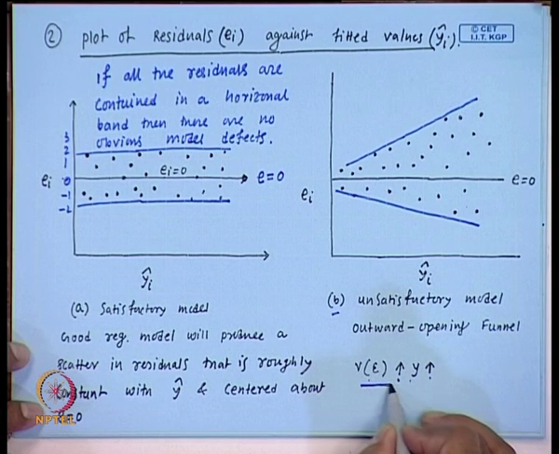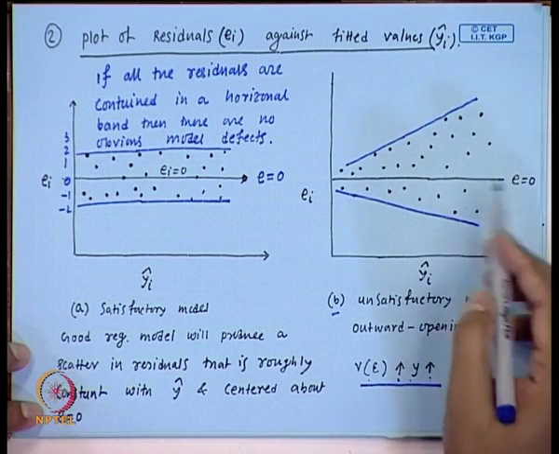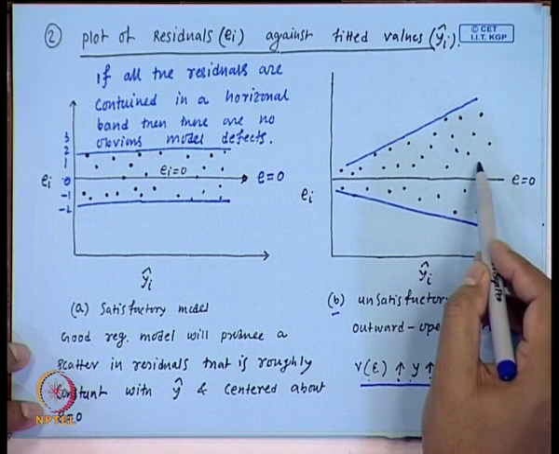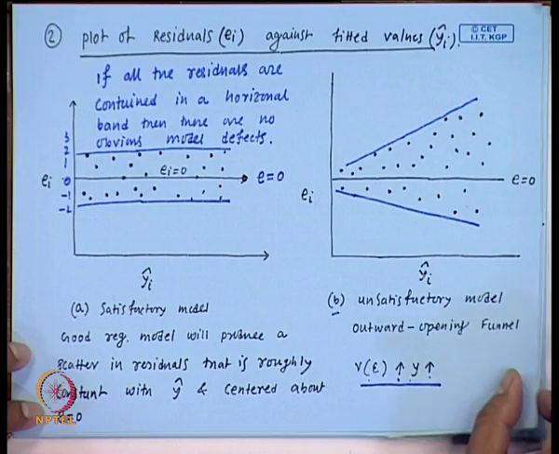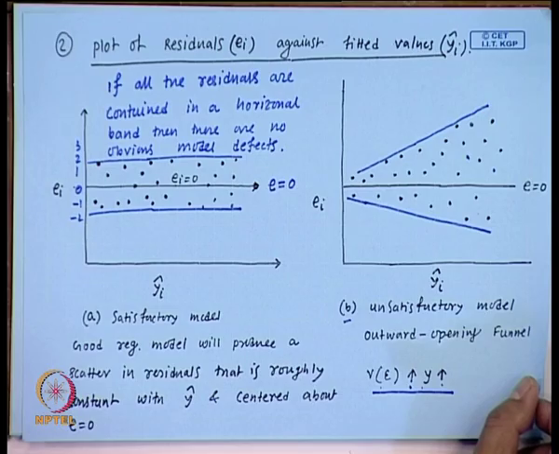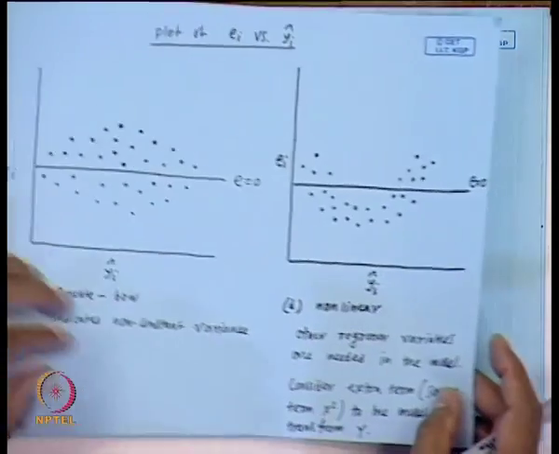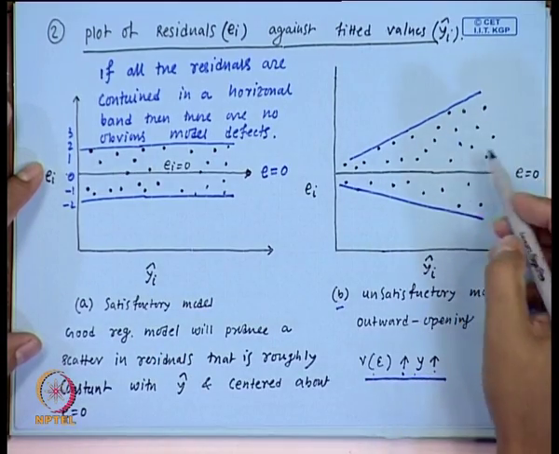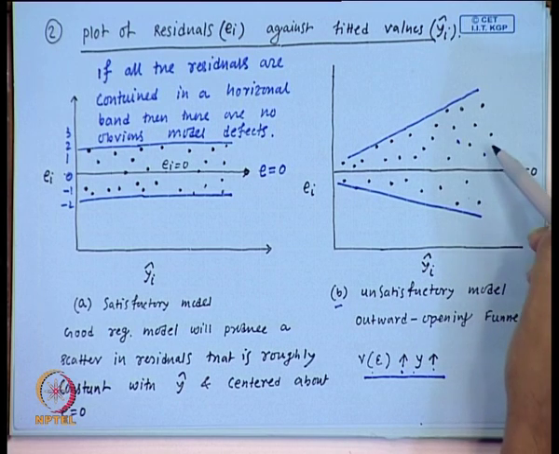So, this is an indication of non-constant variance. If this occurs, it is not advisable to assume that the variance of epsilon is sigma square. Okay. So, next we talk about some more patterns. The next pattern is, okay, one more thing I forgot to mention here. Instead of an outward open funnel, it could be an inward open funnel also.